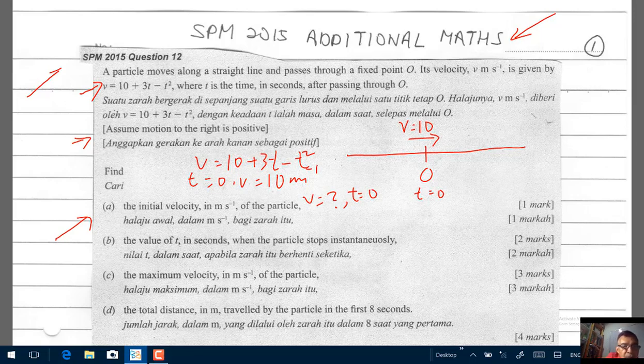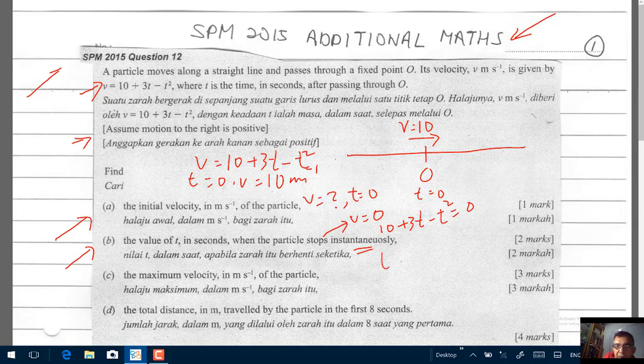And then, in part B, find the value of t when the particle stops instantaneously. What's the concept here? Instantaneous rest, v equals 0. So let's write 10 plus 3t minus t squared equals 0, which is the same as t squared minus 3t minus 10 equals 0.